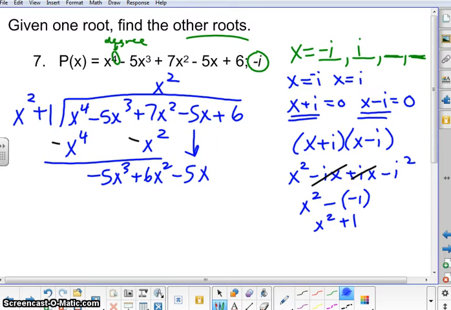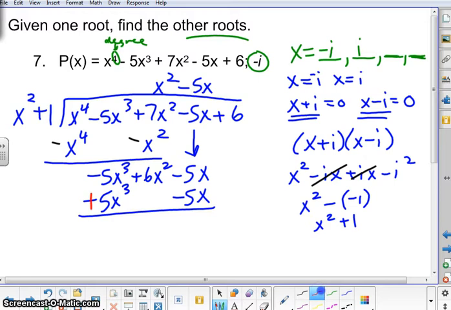Okay, so then x squared goes into negative 5x cubed, negative 5x times. And if I multiply that through, I get negative 5x to the 3rd minus 5x. And next thing, subtract. So subtracting is going to make both of those positive, canceling them out, leaving me with 6x squared.